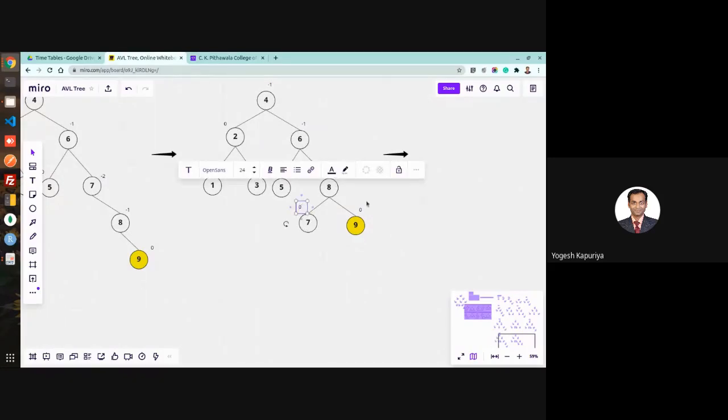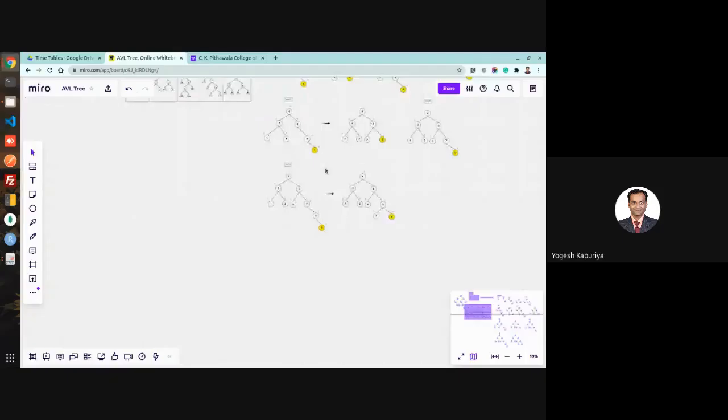This is also 0. This is also 0. You should not stop here because you have to calculate till the root every time. So this goes upward again here. This is 1 minus 9.